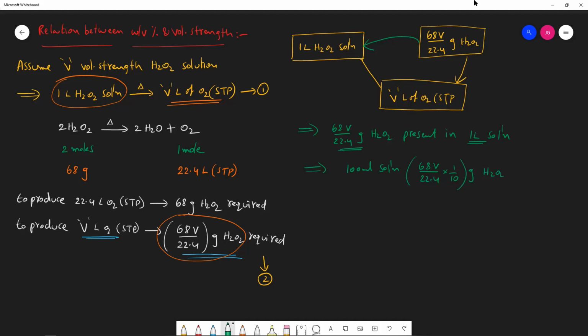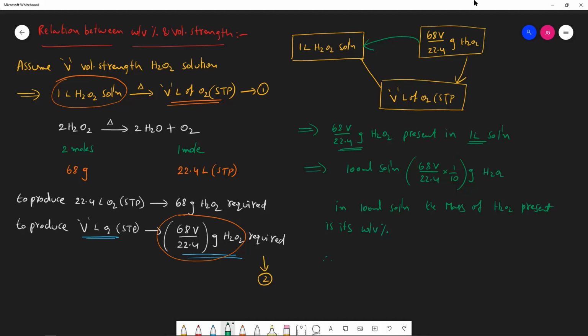So from this, what we can conclude is, in 100 ml of solution, the mass of H2O2 present is its weight by volume percentage by definition.